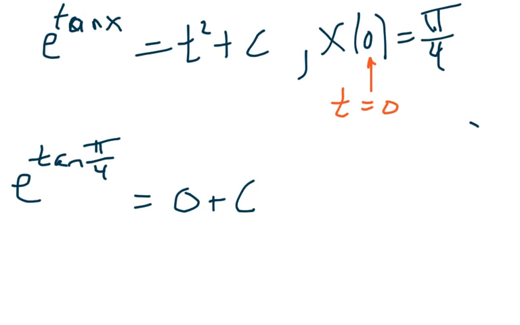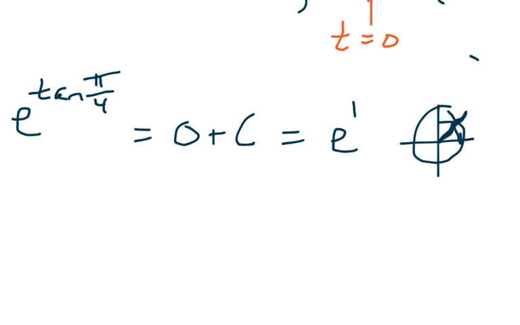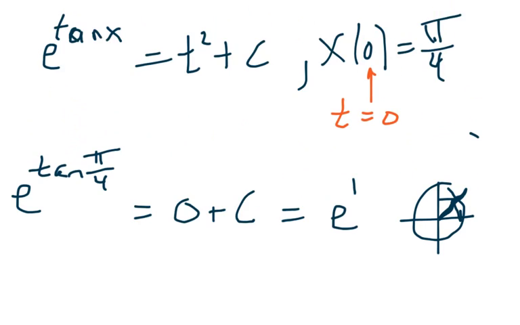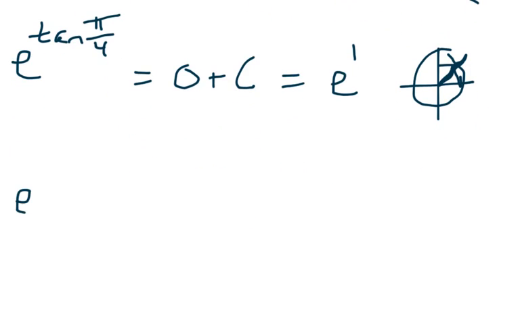So c is equal to e to the tangent pi over 4. What is tangent pi over 4? Well, that's just 1, so e to the 1. You can see this because this is pi over 4, right? And sine and cosine are going to be the same. Okay, so now we can plug in for c because we know exactly what it is.